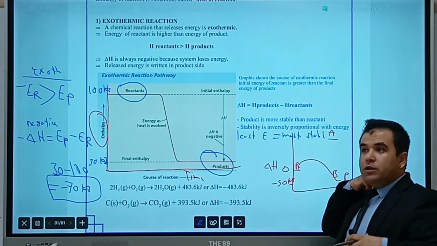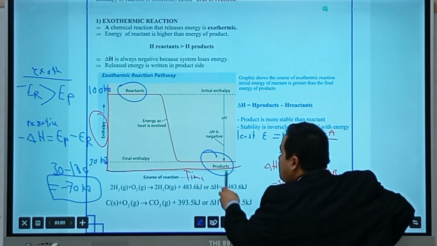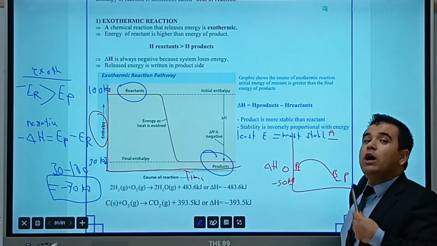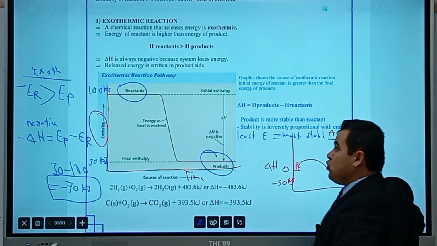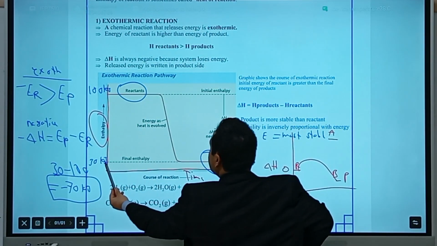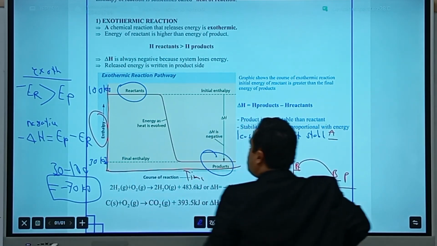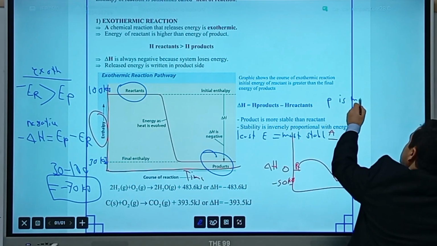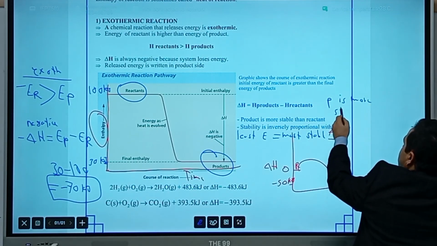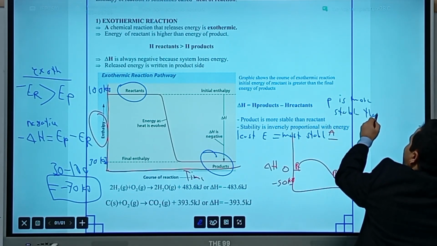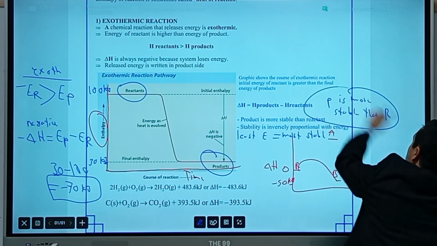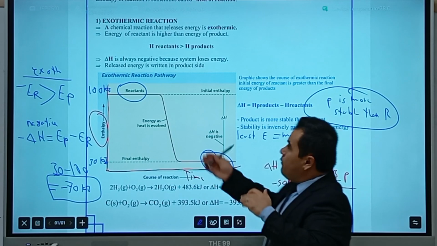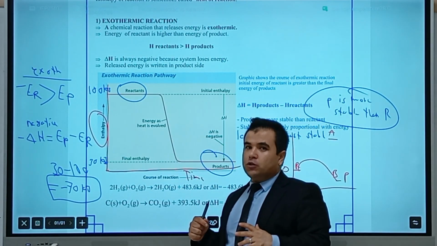The energy is inversely related to the stability. So between these, which of them has more stability? The one with the lower position of energy. The lower position of energy, 30 versus 100 kilojoules, of course, the product. So the product is more stable than the reactant, always, for an exothermic path of reaction.